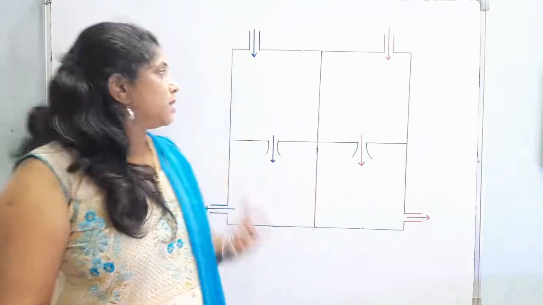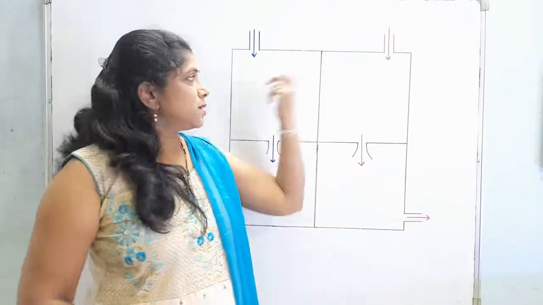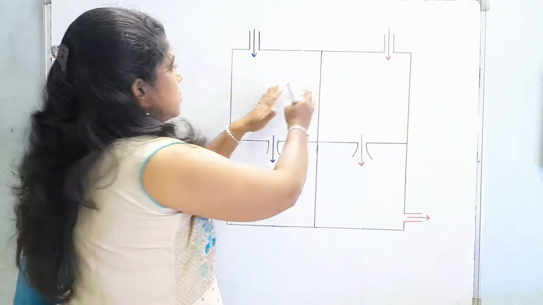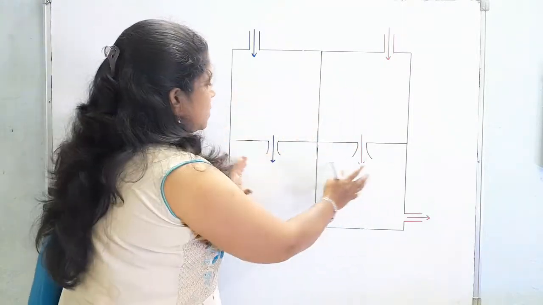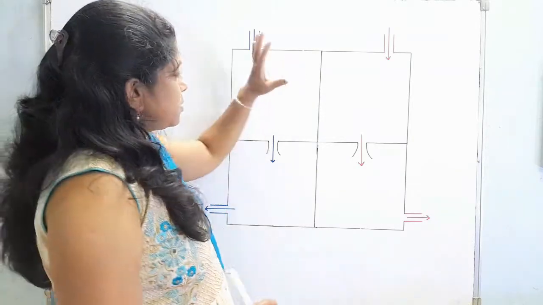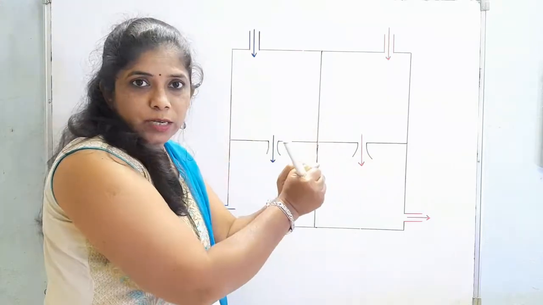Now what happens at the time of this contraction and relaxation of auricles and ventricles? Let's see. As I said, now first we will consider auricles are relaxed and ventricles are contract. Okay, auricles are relaxed and ventricles are in the contract position.